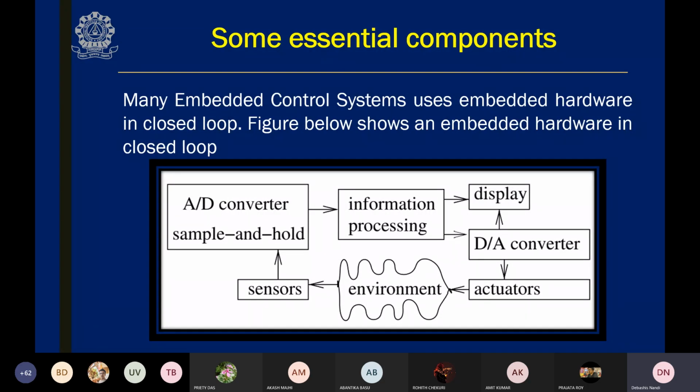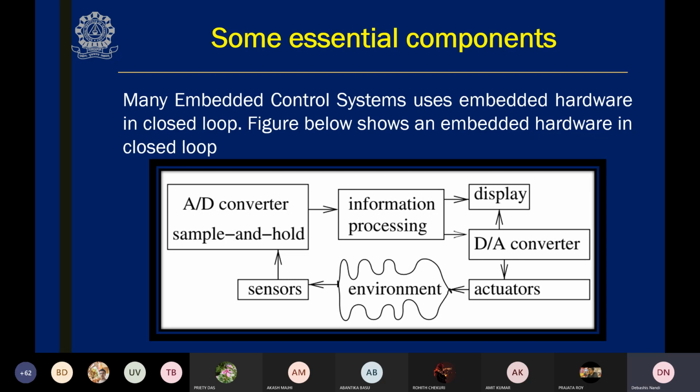So if we want to develop an embedded system that can process the information digitally, then obviously one component or one block should be there which can sample the analog signal, and then it will be converted to digital for further processing. Okay.